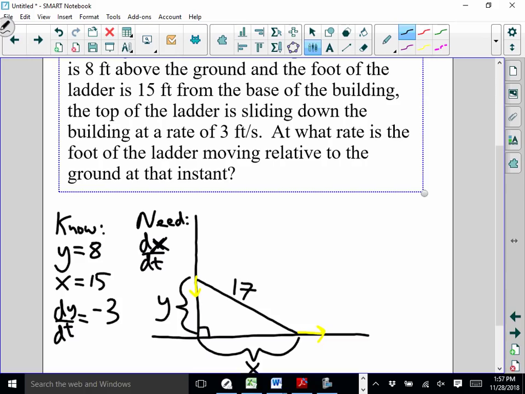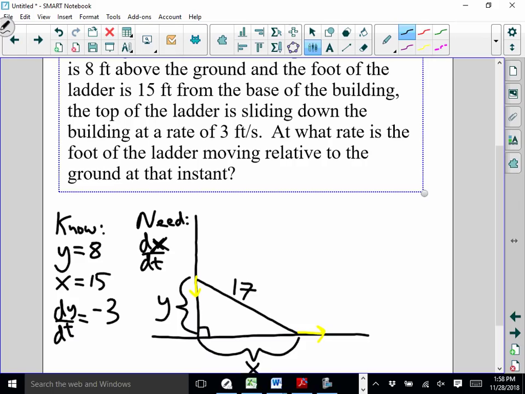Now I can answer right away: should dx/dt be positive or negative? Is x getting bigger or smaller in this scenario? x is getting larger, so dx/dt should be a positive number. Hopefully it comes out positive. By the way, if it comes out negative, I know something's wrong.